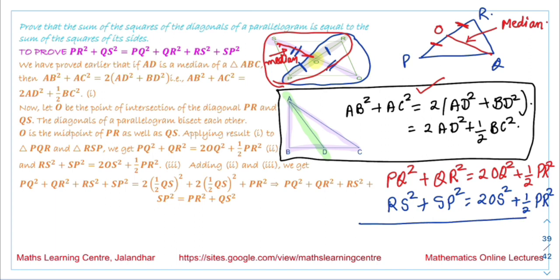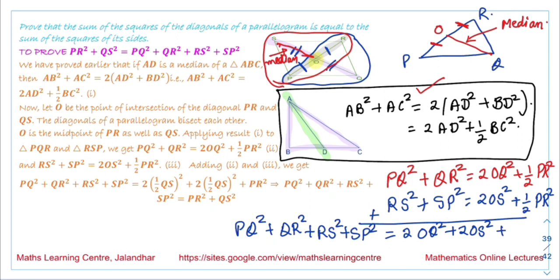Now if we add both these expressions, we get PQ square plus QR square plus RS square plus SP square is equal to 2 times OQ square plus 2 times OS square plus PR square.